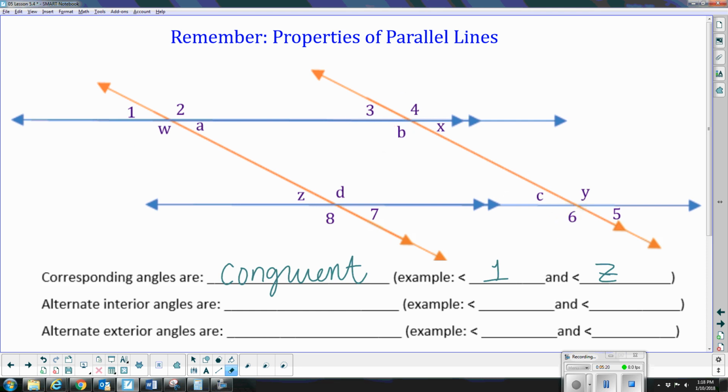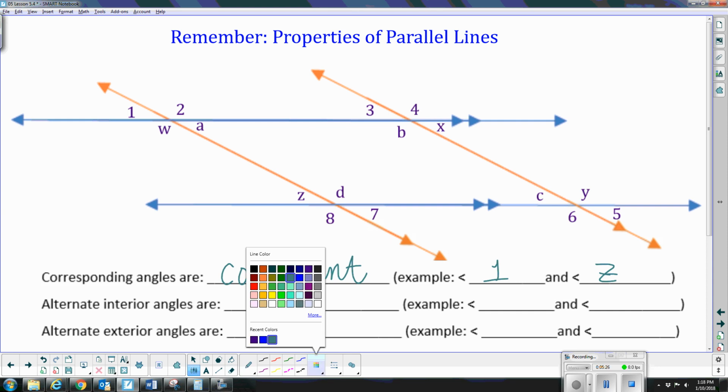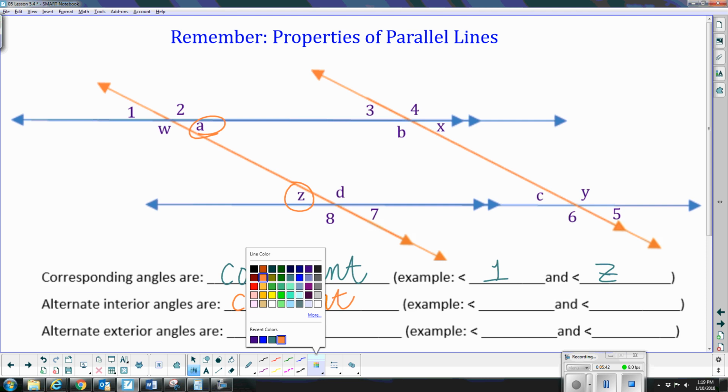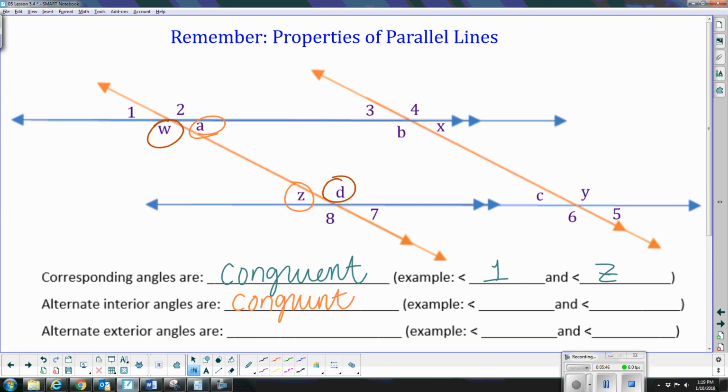Now the next example we have are alternate interior angles. Alternate interior angles are also congruent. This is with parallel lines. Alternate interior angles Z and A would be an example. W and D would be another example.